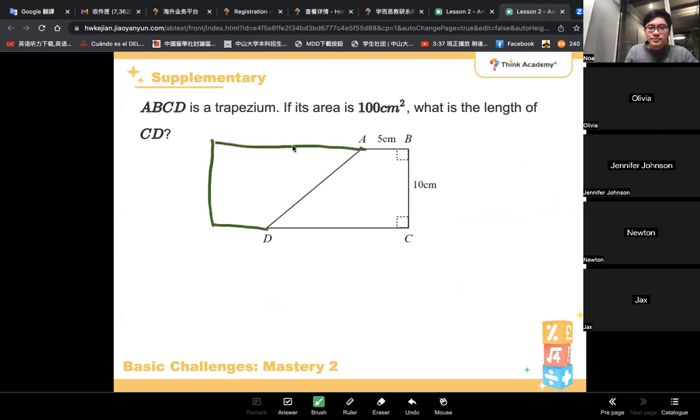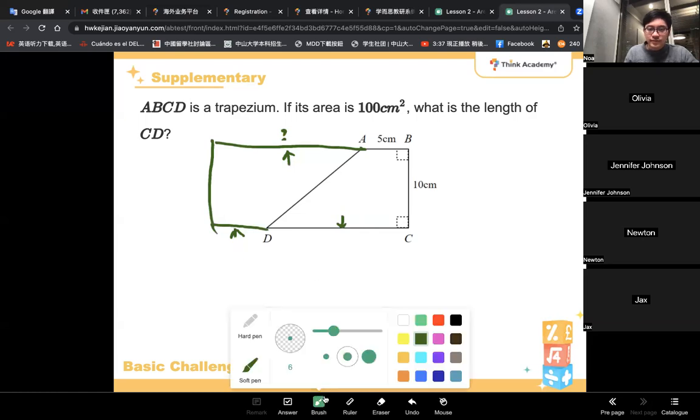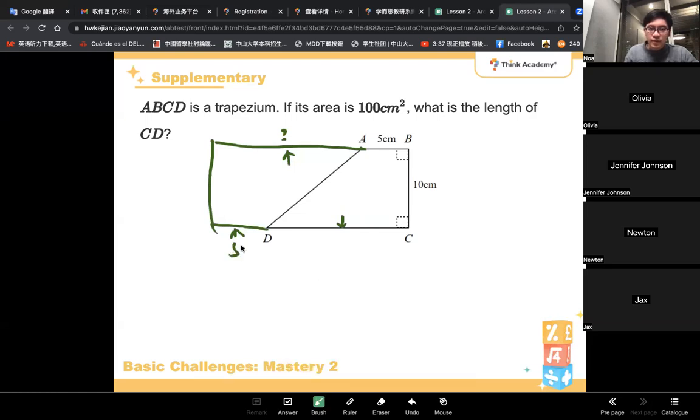So how long is this side? We don't know. This side is this side, right? Yes. And this side is how long? It's 5. And this side? 10. So now we know 5 plus something.